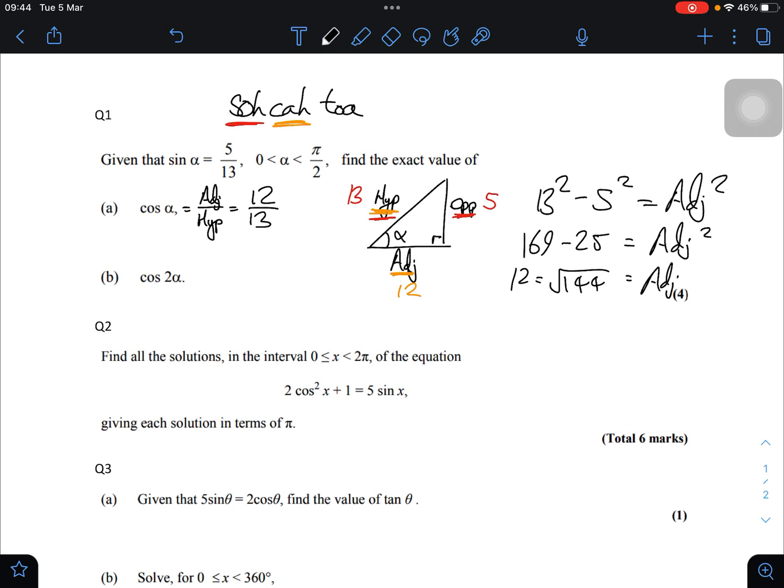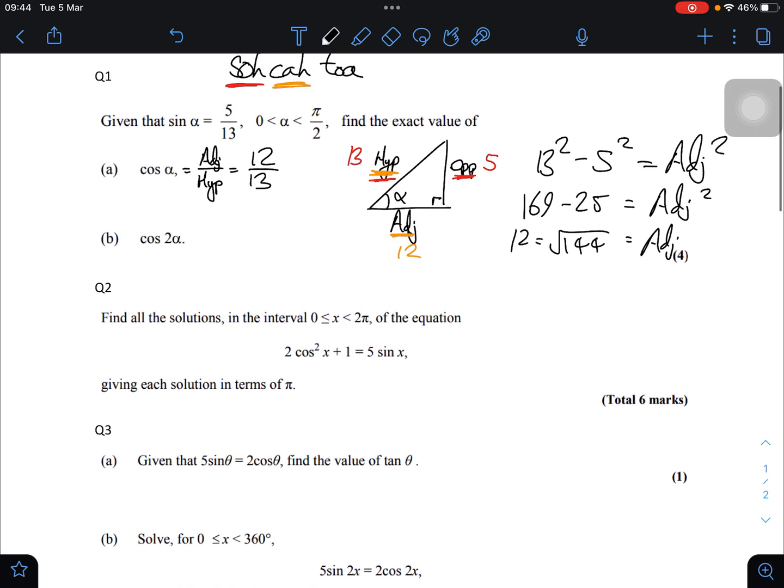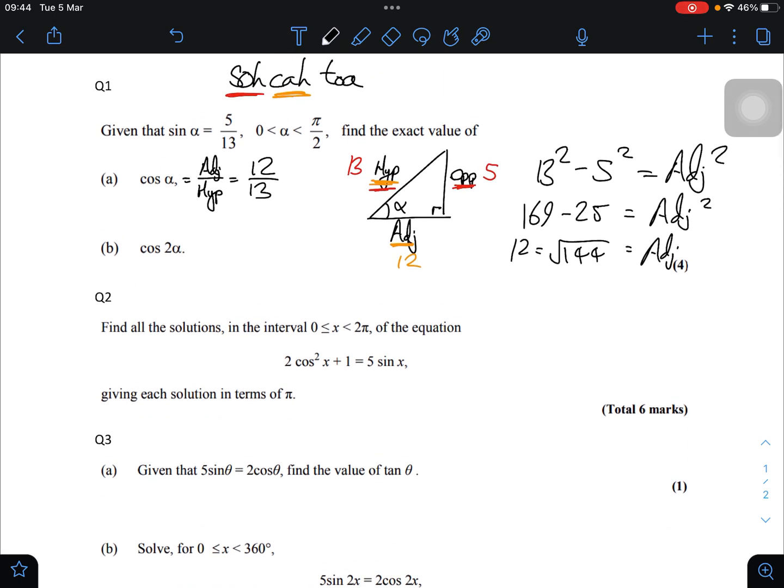Cos of 2 alpha, we know a special rule for this, and that's our double angle formula. We could do this with triangles, but we're not going to do that. We're going to do it using our double angle formula, and so therefore we've got cos of 2 alpha, by definition from your formula booklet, will be equal to cos squared of alpha minus sine squared of alpha, not to be confused with cos squared plus sine squared equals 1.